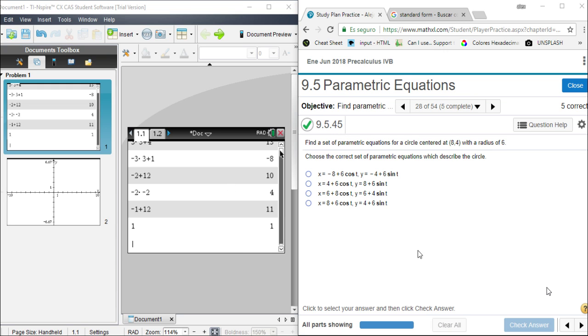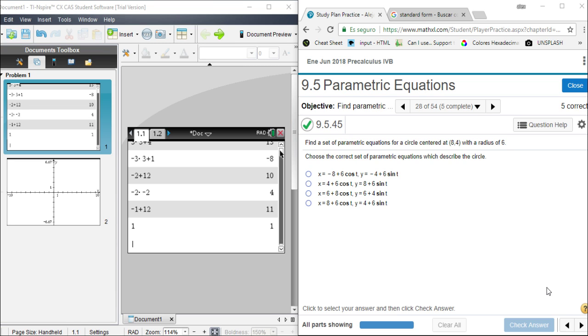Okay, this is the next question. It says, find a set of parametric equations for a circle centered at 8 for x and 4 for y, with a radius of 6. Choose the correct set of parametric equations which describe the circle.